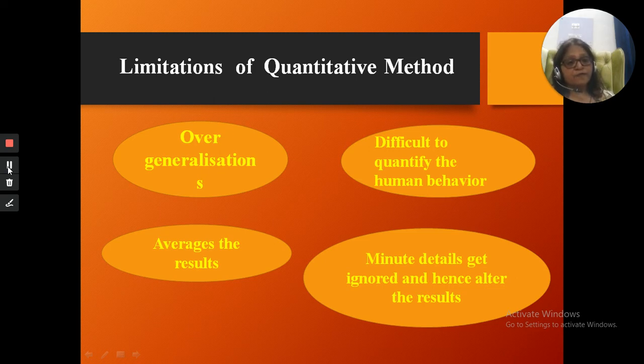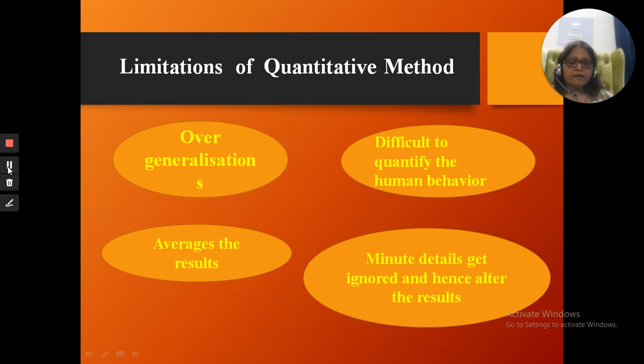And human behavior is very difficult to quantify. It is very difficult to say who is happy, who is more happy, who is less happy. So there is difficulty in the quantification of human behavior, and hence our results lead to overgeneralization.